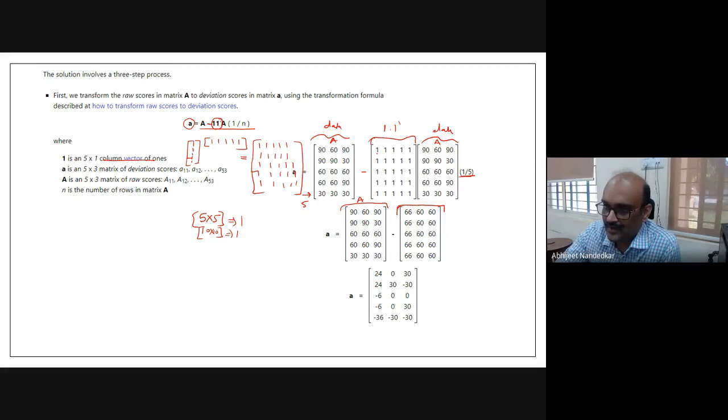So if I take this first row and multiply with this first column, it will be 90 plus 90 plus 60 plus 30, and divide by 5, right? So this will be the mean of first column. Okay, like this. The entry is now 66. When you multiply this row with the second column, it will give you the mean of second column. When you multiply this with the third one, it will give you the mean.